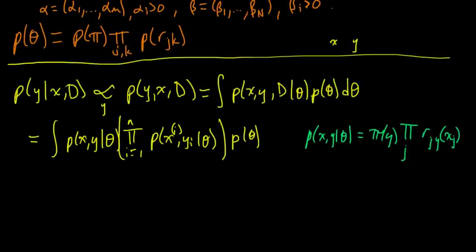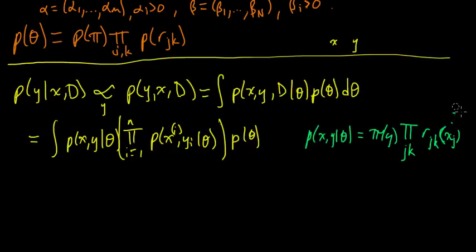But let me write that a little bit differently. Let me put a k here, r_jk. I think we want to do this: we'll take the product also over the possible values of y, so as k goes from 1 to m, and let me put an indicator here.